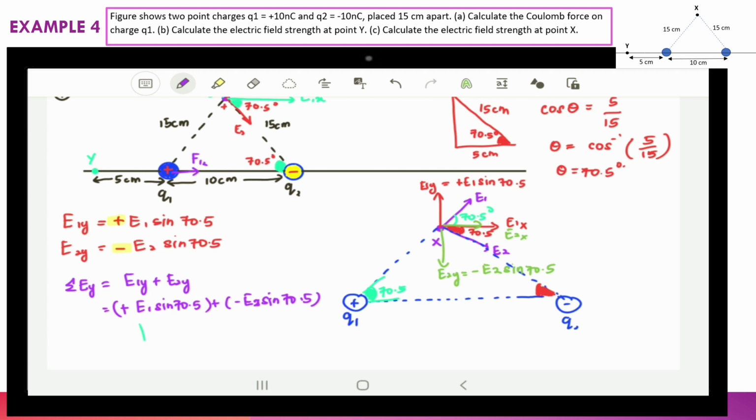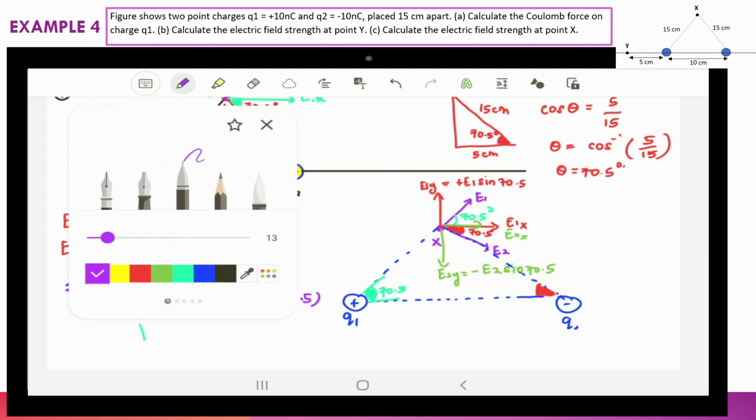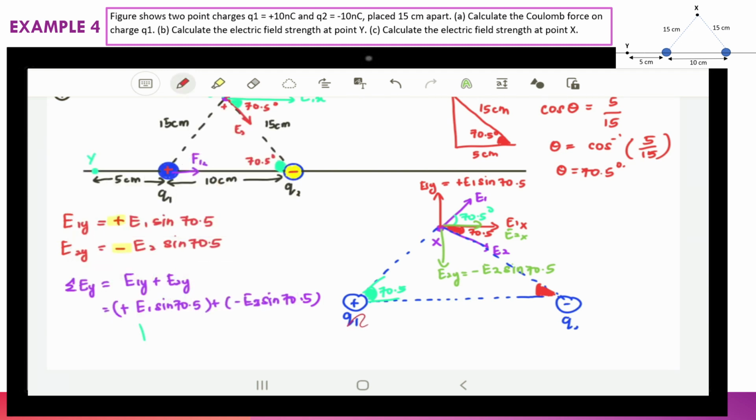Since the magnitude of the charge Q1 was 10 nanocoulomb, and this is also 10 nanocoulomb, therefore E1, the distance is the same. This is 15 cm. This is also 15 cm.